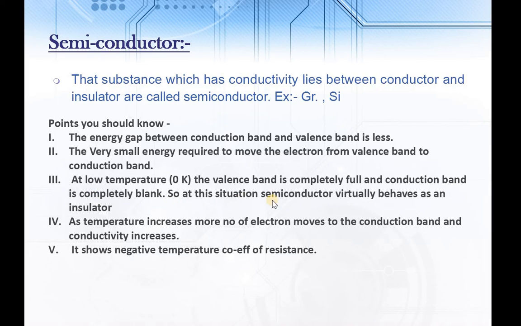So in this situation the semiconductor virtually behaves as an insulator. At room temperature, some electrons move to the conduction band, due to which conductivity increases. As temperature increases, more electrons move to the conduction band and conductivity increases. As in a semiconductor conductivity increases with increasing temperature, it shows a negative temperature coefficient of resistance.